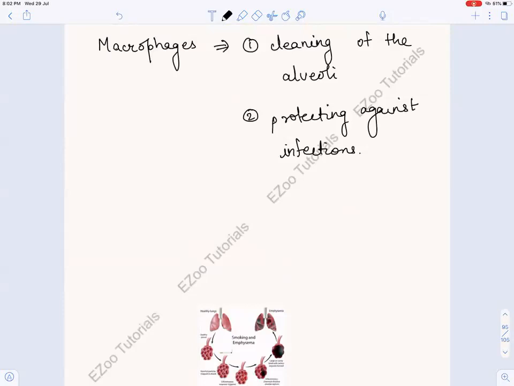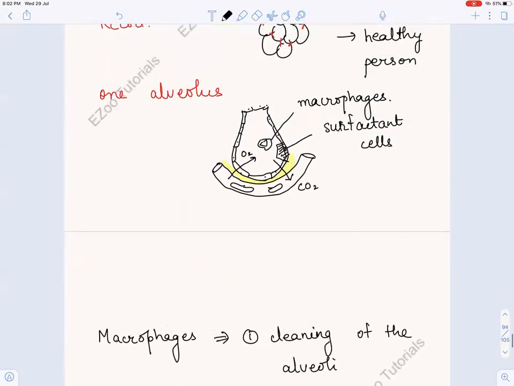Now one more thing I'll tell you, that this alveolus secretes antiproteases. Now I'll tell you why I'm telling you that the alveolus secretes antiproteases.